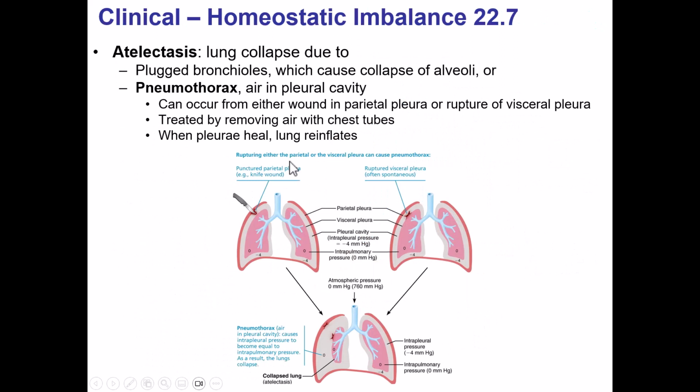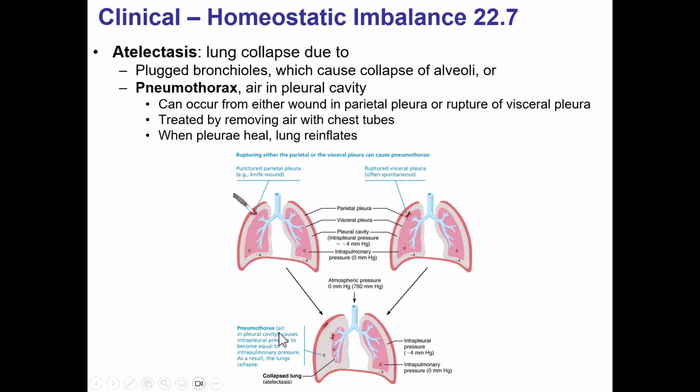So in this example, the lung has been punctured, yet that pleural cavity has been punctured. And imagine that knife is actually a straw. And air is flowing now from outside and getting into that pleural cavity. So that intrapleural pressure is now increasing.